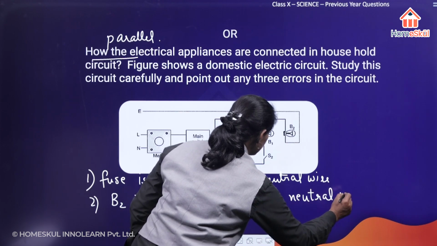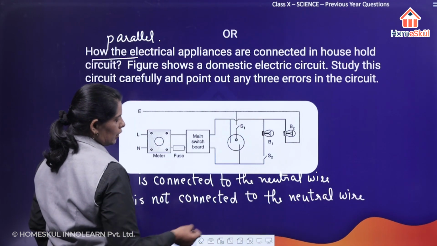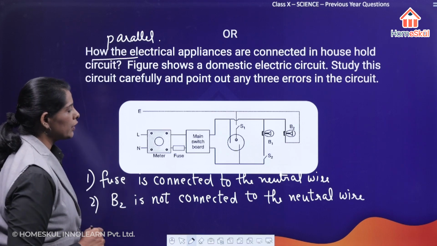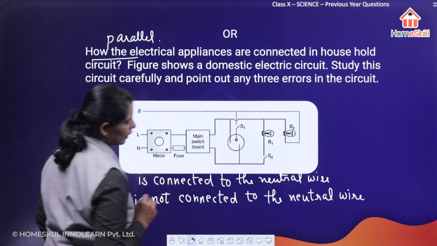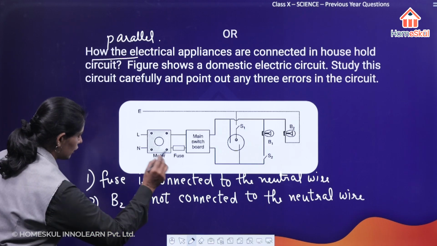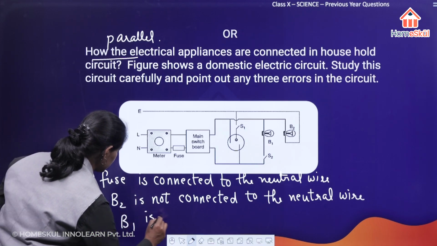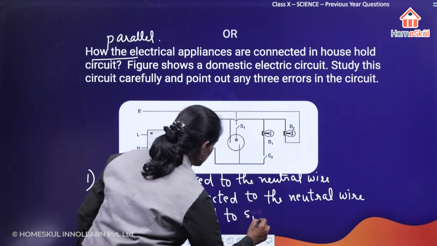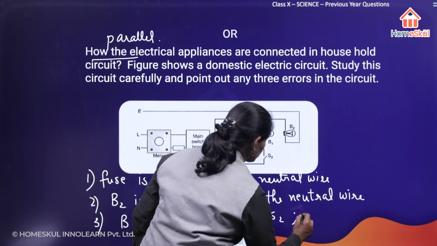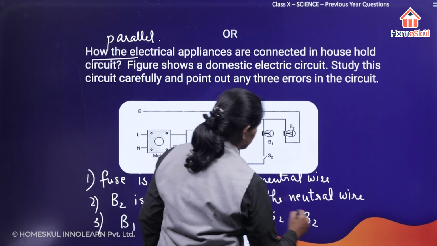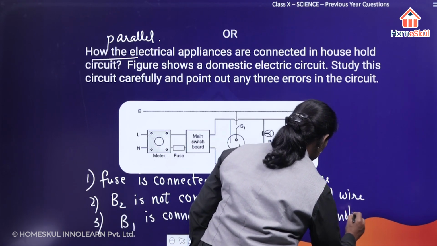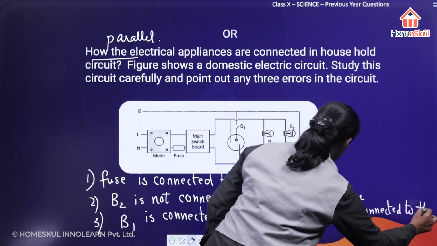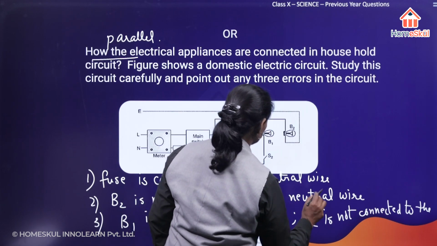And what about the third error? We can see that bulb B1 is connected to both the switches, that is S1 and S2, and B2 is not connected to S2. So B1 is connected to switches S1 and S2, wherein B2 is not connected to the switch S2.